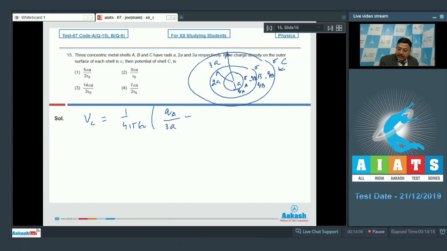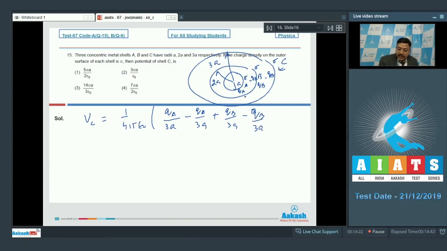And then again, potential due to this shell of charge will be minus QA by 3A. Similarly, if the charge here is QB, we get QB by 3A, and then again there is minus QB by 3A because of this shell.